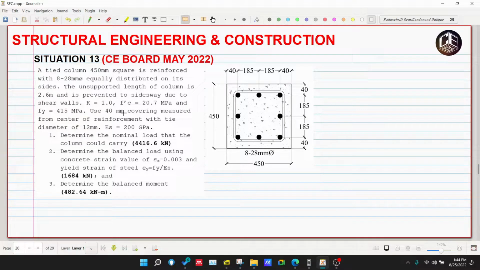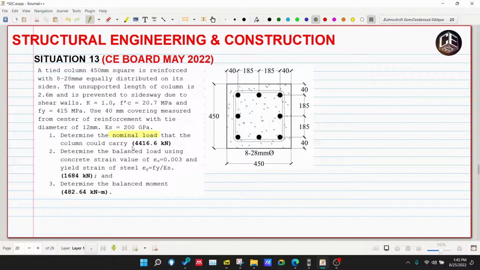Use 40 millimeters covering measured from the center of reinforcement with the tie diameter of 12 millimeter. Es, the modulus of elasticity of the steel bars, is equivalent to 200 gigapascal. Number 1, determine the nominal load that the column could carry.